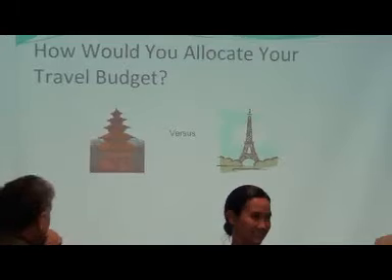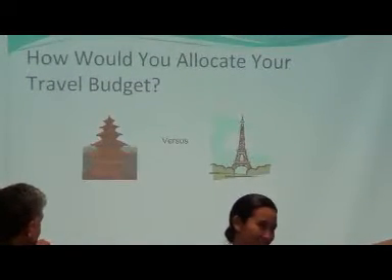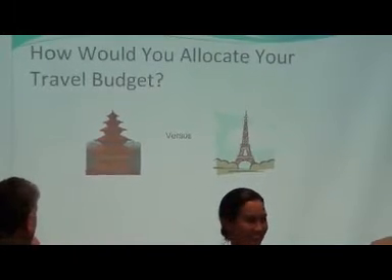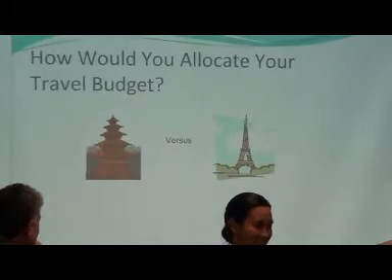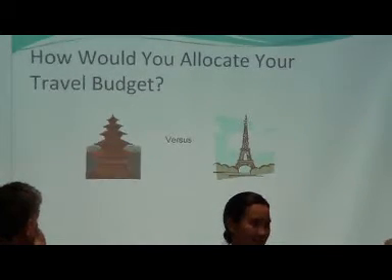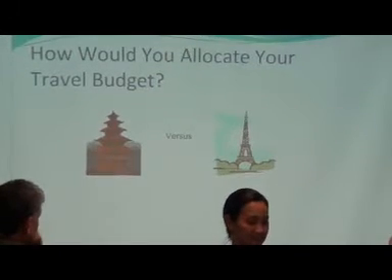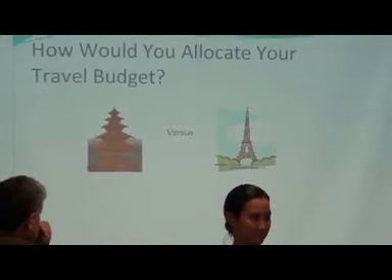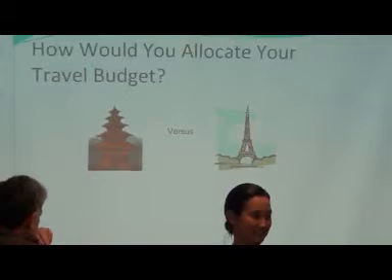Perhaps this is a lucky year and you get to go to both Beijing, China and Paris, France. However, given that you're a diligent person, you have only a limited amount of money to spend on these two trips. So you have to consider, when you go to Beijing and you spend more money there, what are you missing out on in Paris, France? Versus what if you spent more money in Paris, France, what are you left with to spend in Beijing, China?